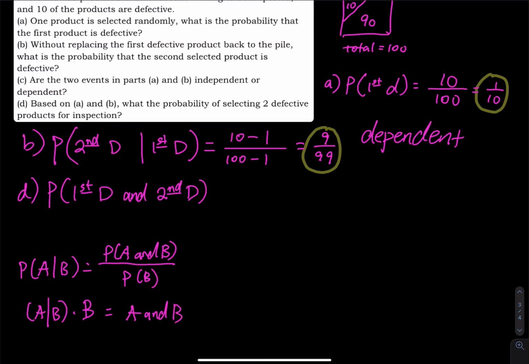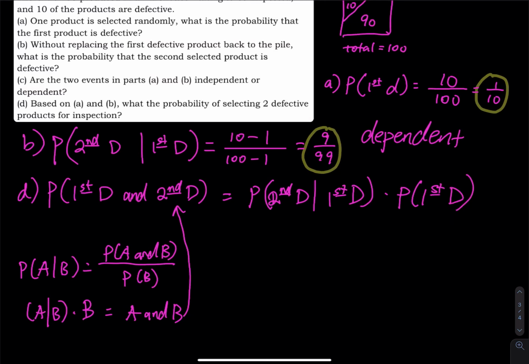So you are looking for A and B. This is the one that you are looking for. So that means you are looking for the first defective. Actually, this one you can switch: second defective given the first defective, multiplied by the probability of first defective.